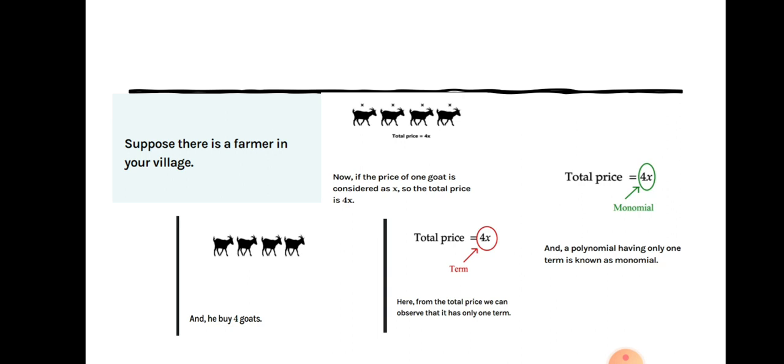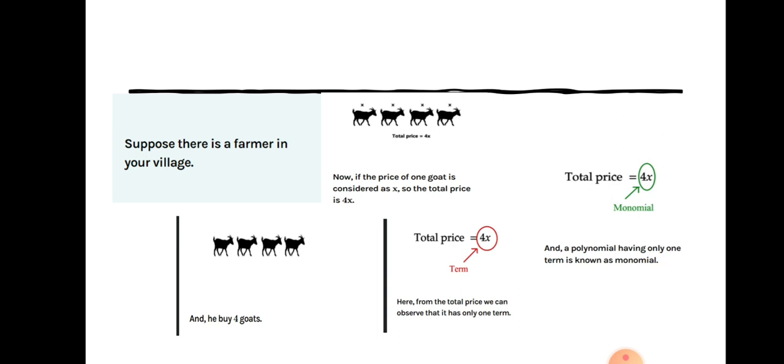Now let us do some examples. Suppose there is a farmer in your village and he buys 4 goats. If the price of one goat is considered as x, then the total price is 4x. That means 4 into x, that is 4x.